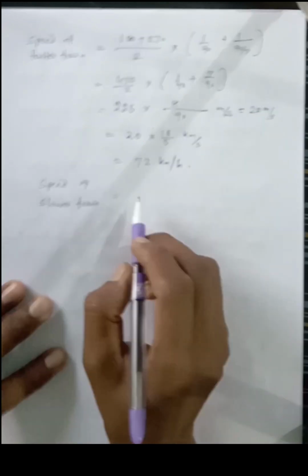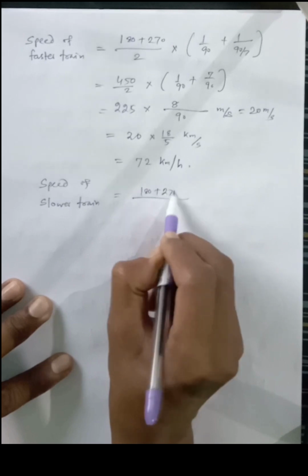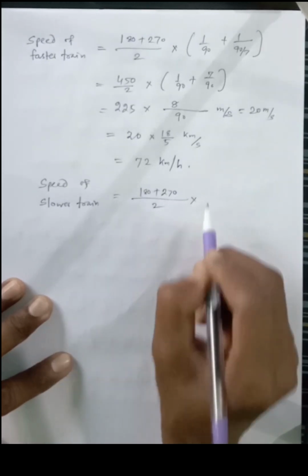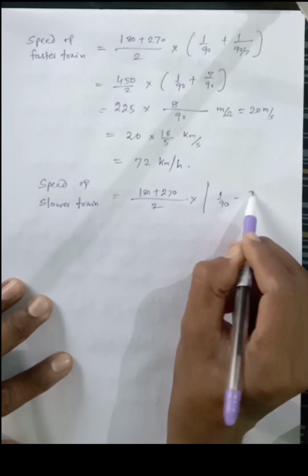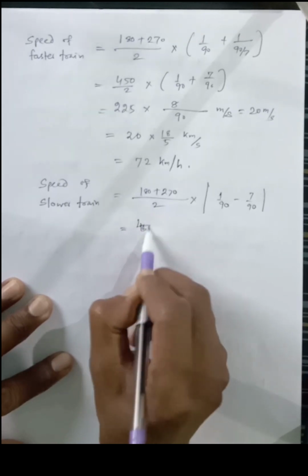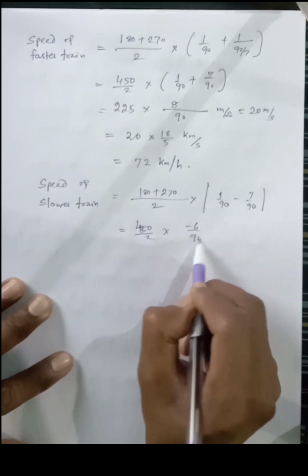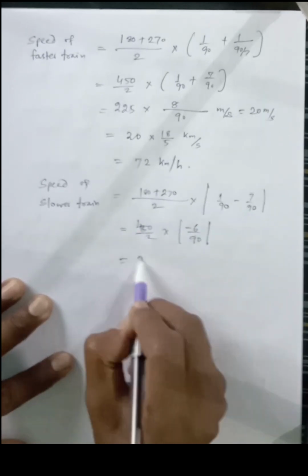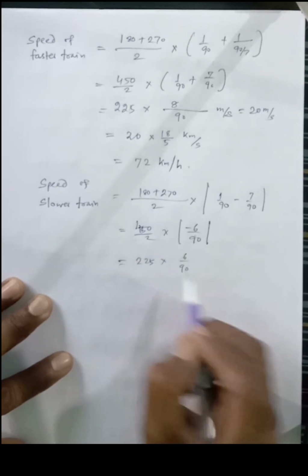Speed of the slower train is equal to 180 plus 270 divided by 2 multiplied by absolute value of 1 by 90 minus 7 by 90. This is equal to 450 by 2 multiplied by minus 6 by 90, absolute value, 225 into 6 by 90.